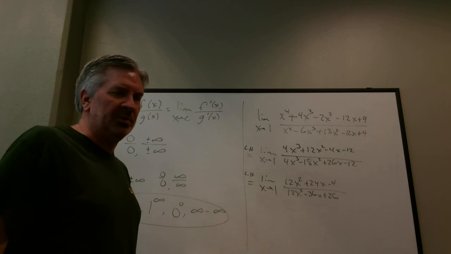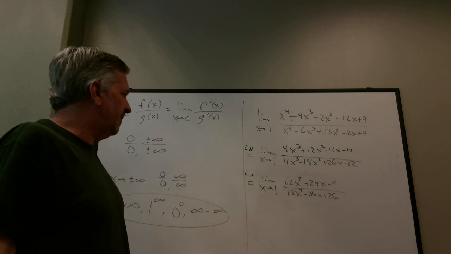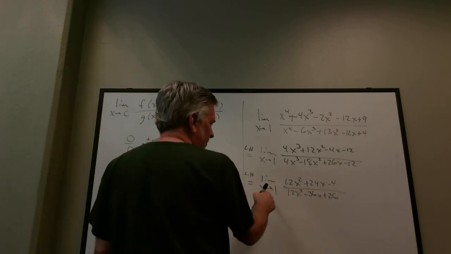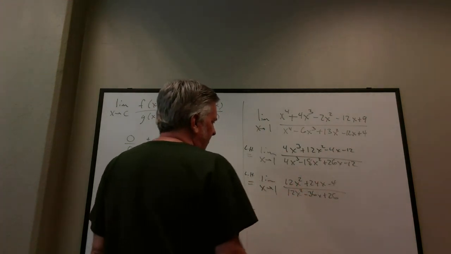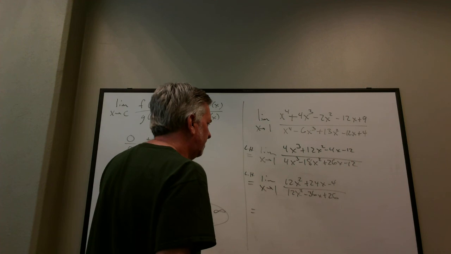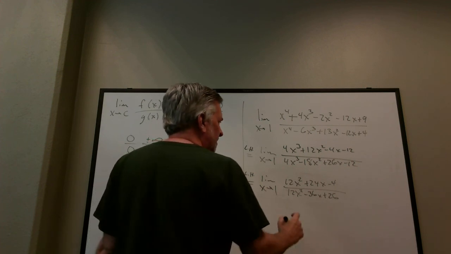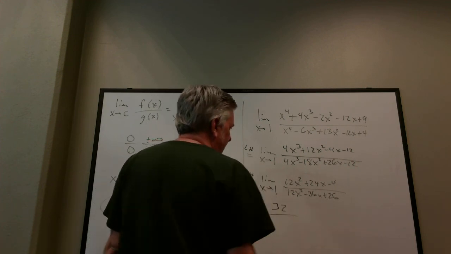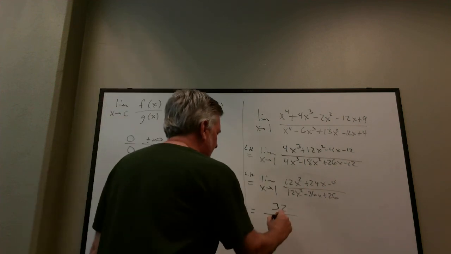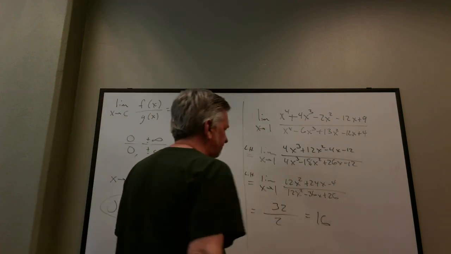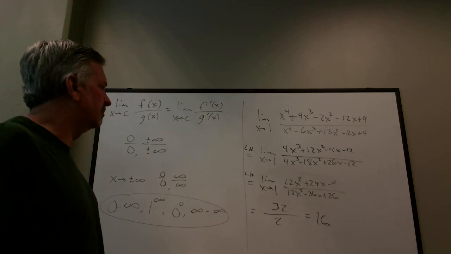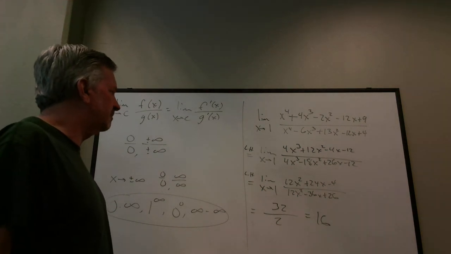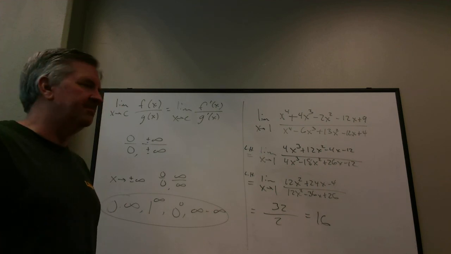You can't use L'Hopital's rule now. So now we just plug in, and I don't have to write limit because I'm plugging in. I get 12 plus 24 minus 4, which is 32. And the denominator, it looks like I get 2. So the limit's 16.